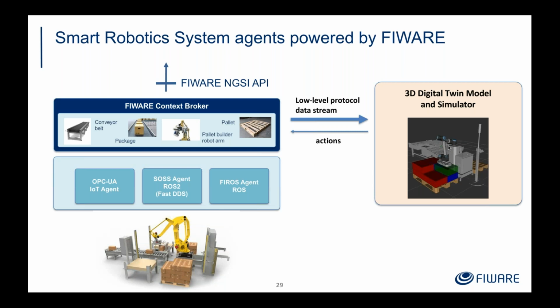You will be able to subscribe to certain changes on context, for instance, values of attributes of given entities, and you will be able to subscribe specifying that the values that will be notified for each and every change will be submitted to you using a protocol that is not REST, but a more efficient protocol, like it could be MQTT, or it could be DDS or OPC UA.